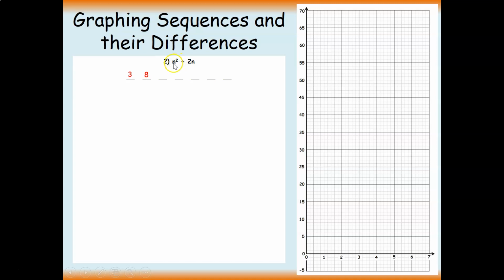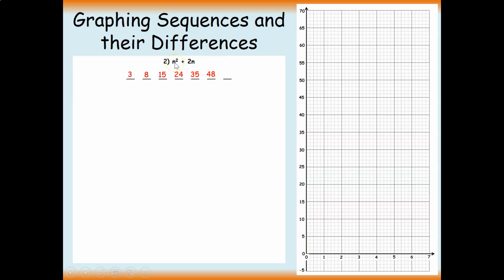If n is 3, 3 squared plus 2 times 3 is 15. If n is 4, 4 squared plus 2 times 4 is 24. If n is 5, 5 squared plus 2 times 5 is 35.